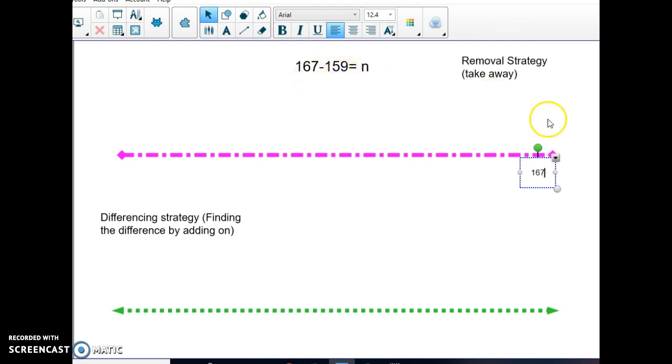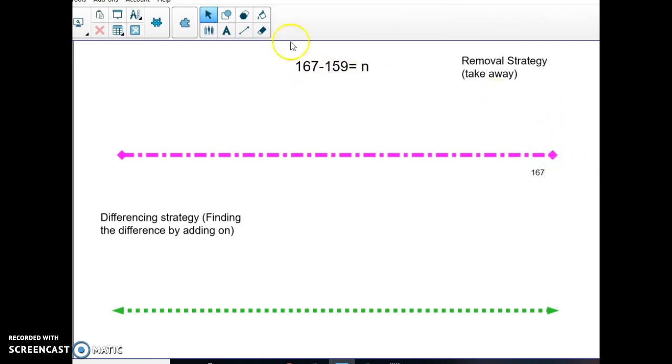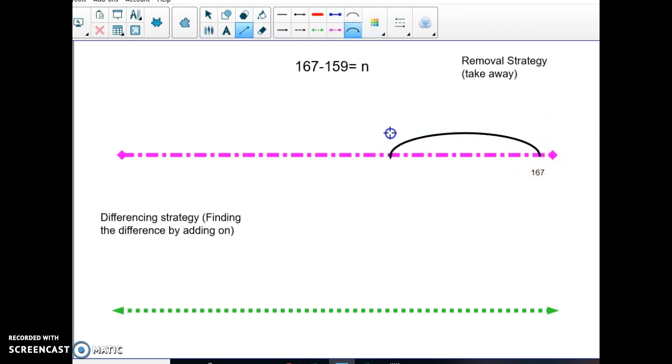I want to be as efficient as possible when I'm subtracting on the number line, and I know I have to subtract 100, so I might start by subtracting 100. So I'm going to use my jump from 167, and that jump is going to be quite large. Let's put it here, and then I'm going to write it out.